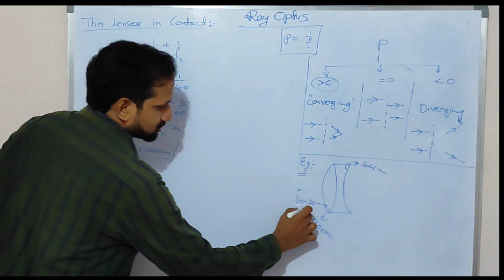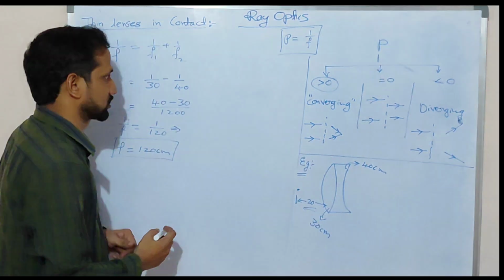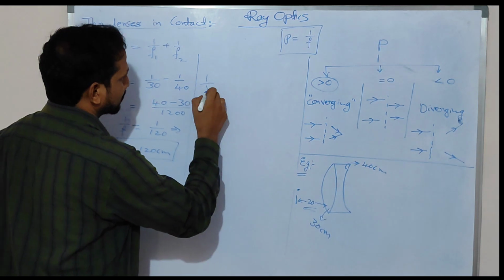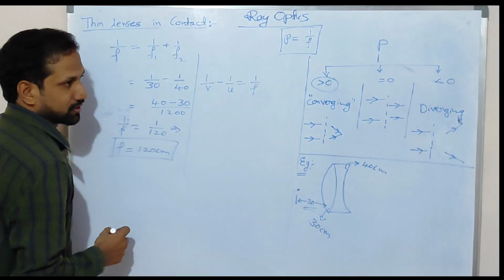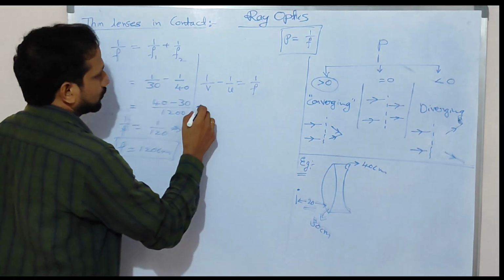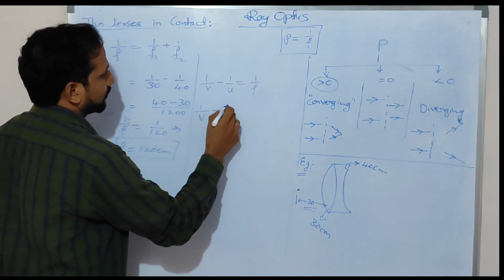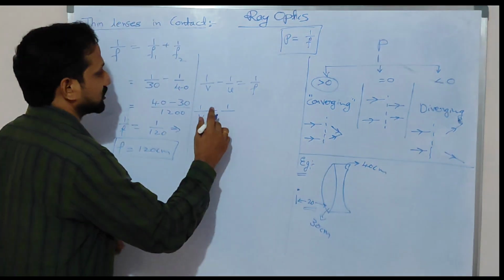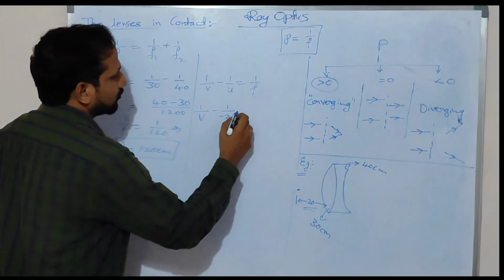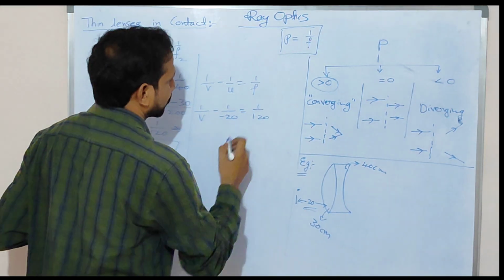But now, how much is the object distance they gave? Just 20 centimeters. Then you can apply in the lens formula 1 by v minus 1 by u equals 1 by f, where f is this 120. We need to find this v, and for u, which is 20, we should take minus 20 because it is a real object. It equals 1 by 120.